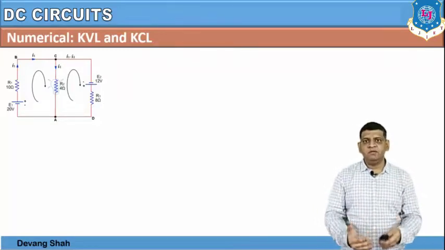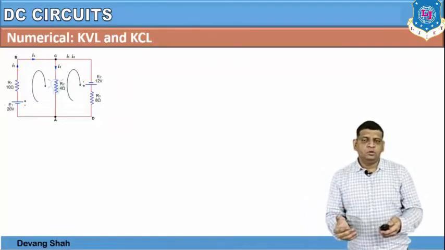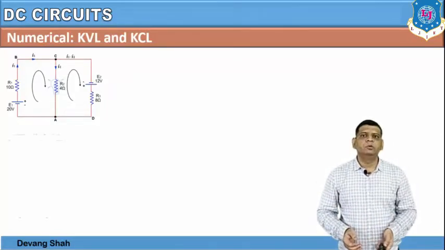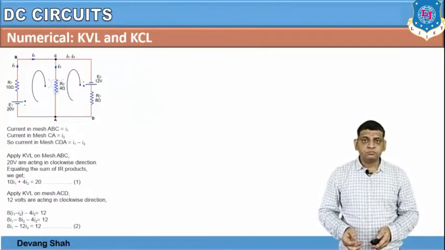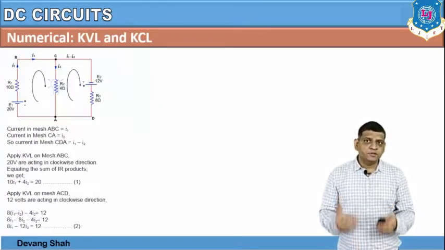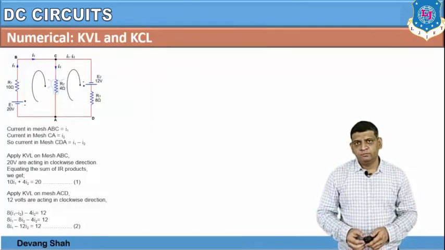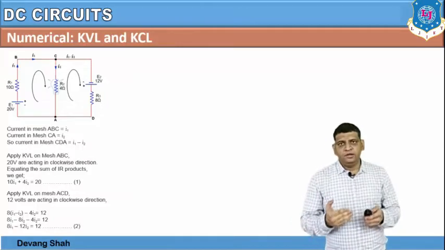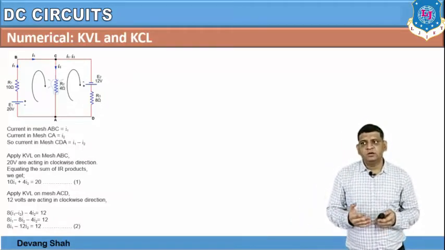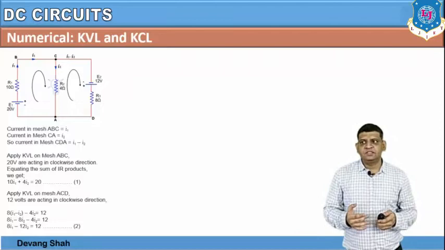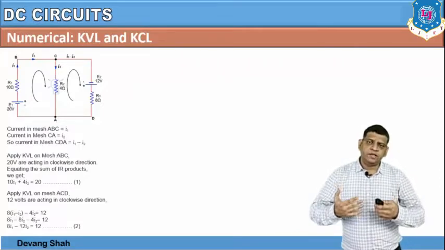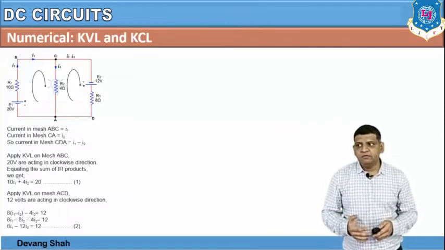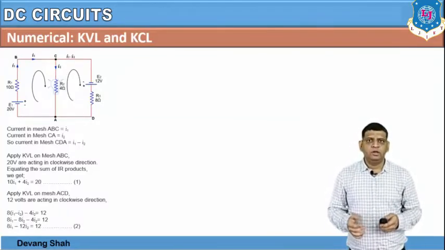Once you apply KVL and KCL, let us say you apply KVL in loop number 1. Based on this, you find a specific equation for loop number 1: 10 I1 + 4 I2 = 20. In the same way, you apply KVL in loop number 2 and find another equation: 8 I1 − 12 I2 = 12.